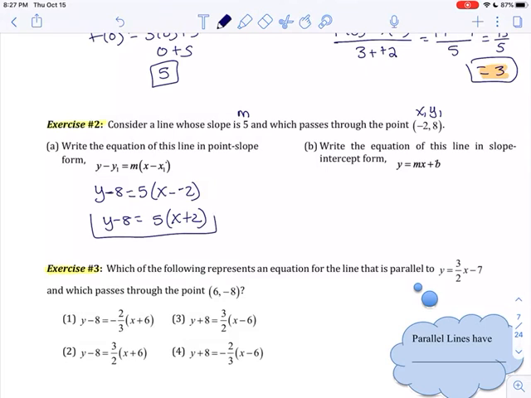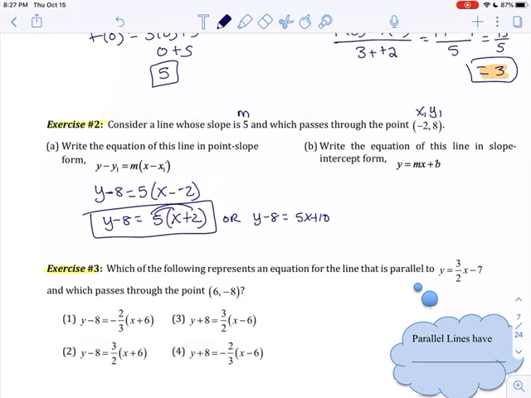I can clean this up a little bit and make it x plus 2. Now this is a perfectly acceptable answer. You can leave it like that. If you wanted to distribute that 5 to everything inside, you certainly could, and you can make it 5x plus 10. But the way it was originally written is perfectly fine.